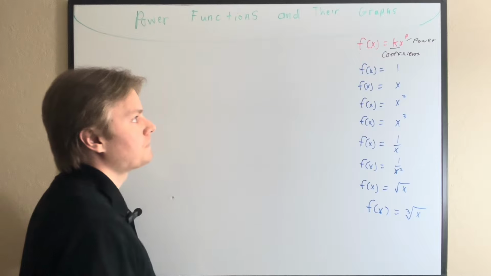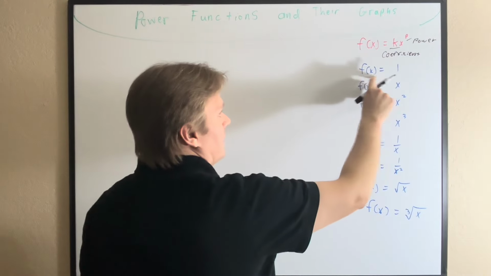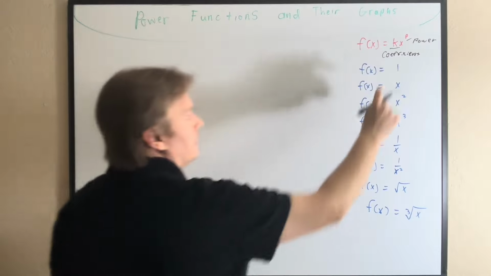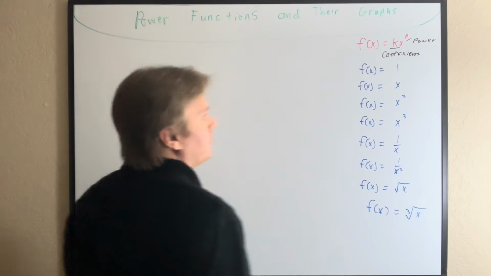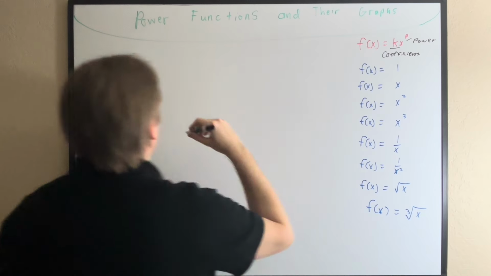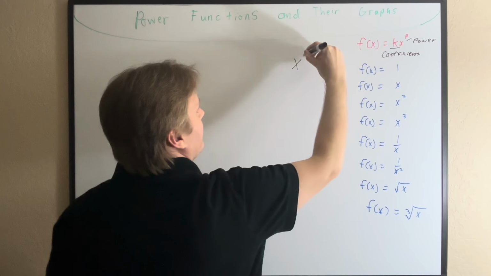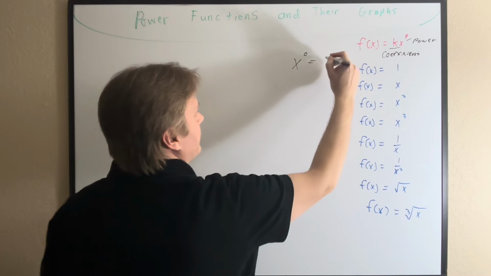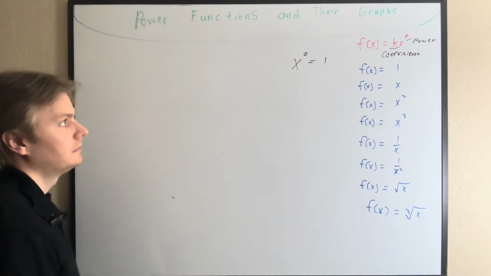Well, how is f of x equal to 1 a power function if there's no x to the power of something? Well, technically, you could say that there's an x to the power of 0 there, right? Anything raised to the power of 0 is 1.